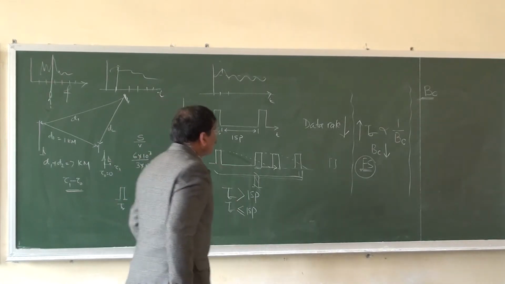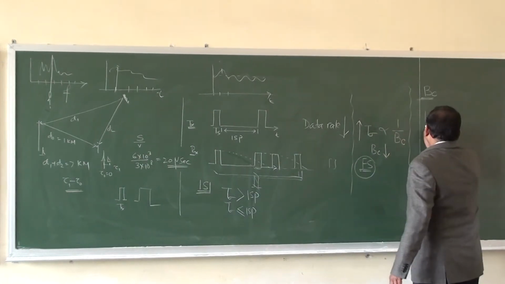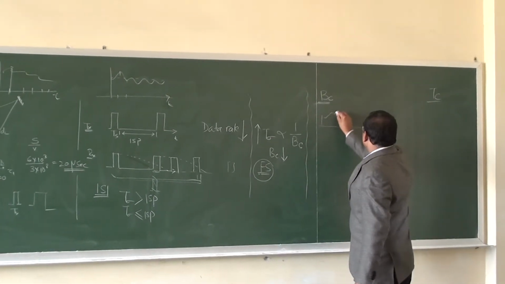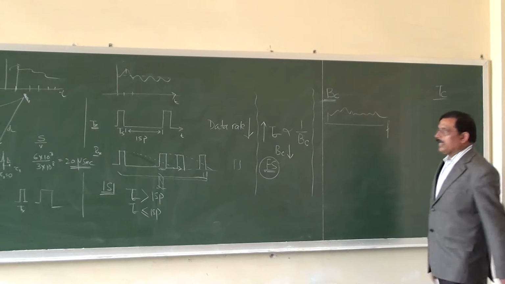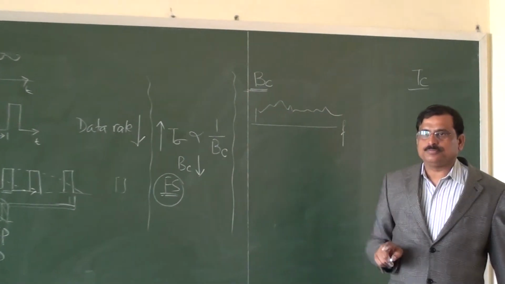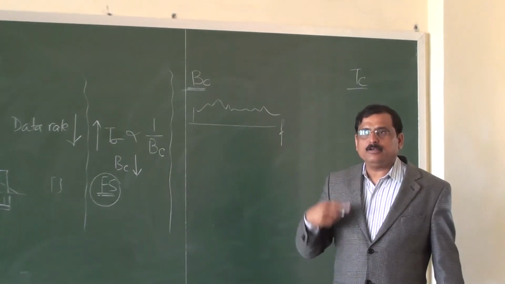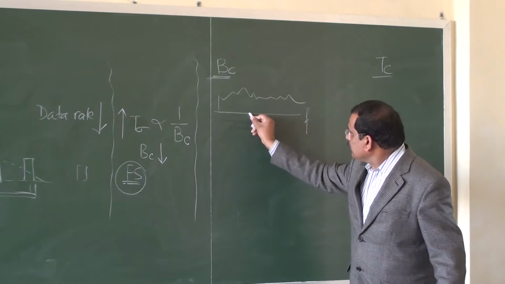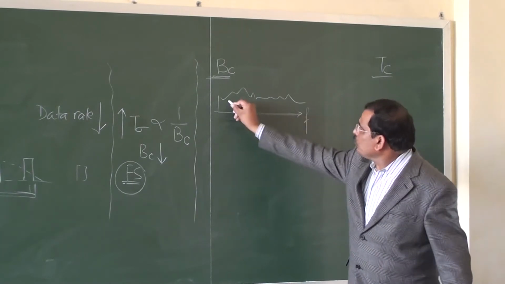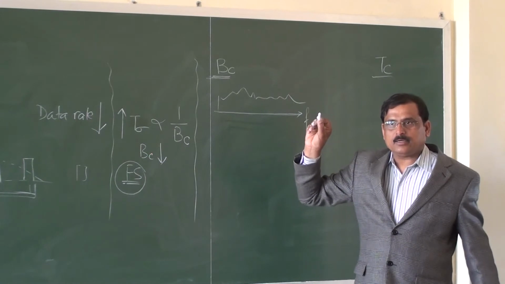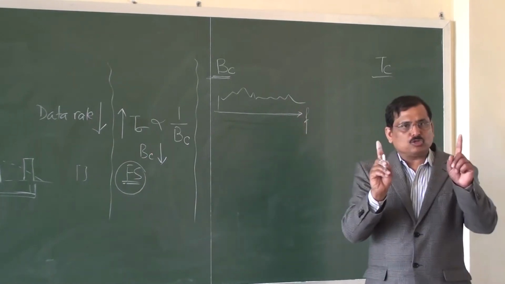Let us say we are going to draw a picture something like this. If this is frequency, and let us say this is the behavior of the channel. Behavior in the sense this is the response, or we can say the gain we are going to experience from the channel. If over this frequency domain the gain is exhibited in this manner, then looking at this we can find some slot.